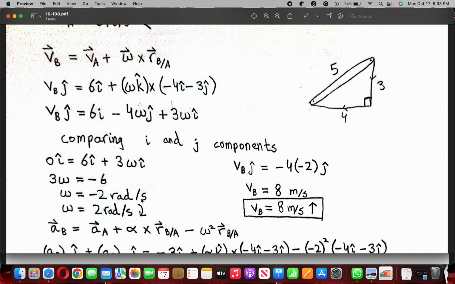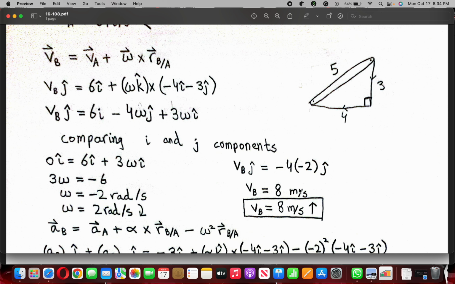This minus 2 shows that it's moving in a clockwise direction. We substitute this value into the j components and get that VB is 8 feet per second, which shows that VB is moving vertically upwards. So we have found one missing quantity.